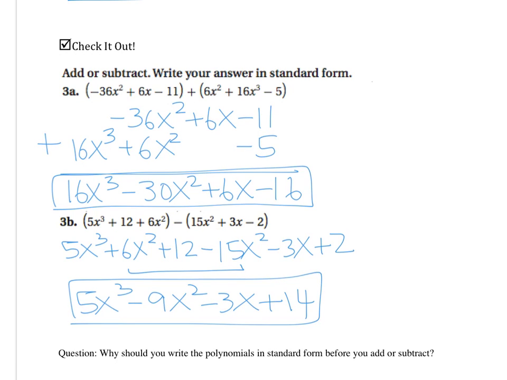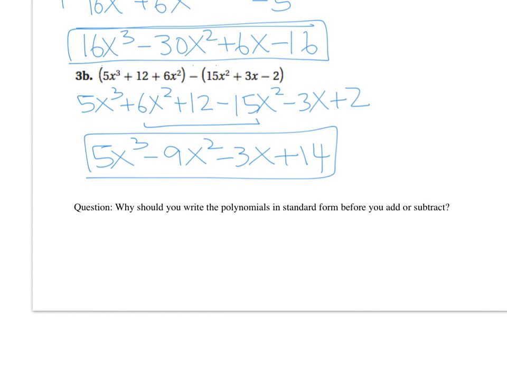Make sure if you have any questions that you ask while you're doing these problems in class.